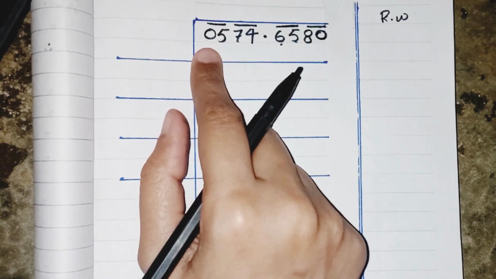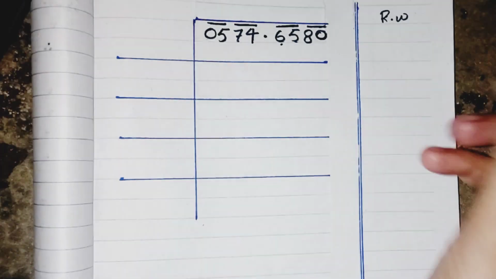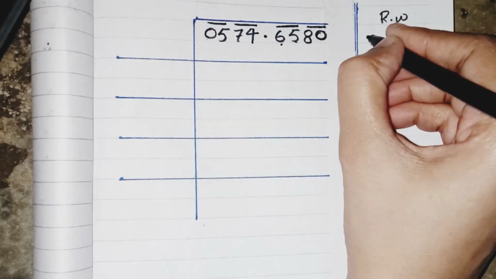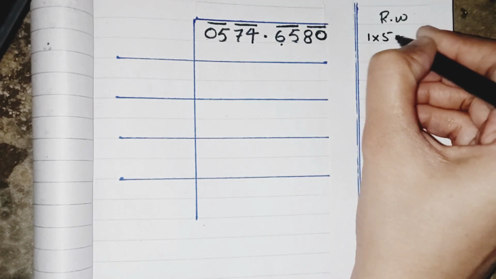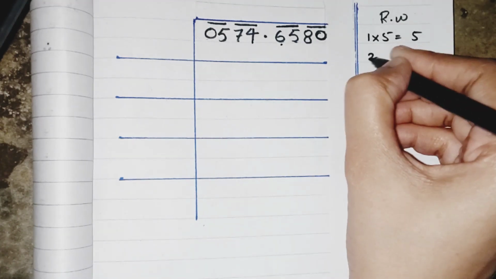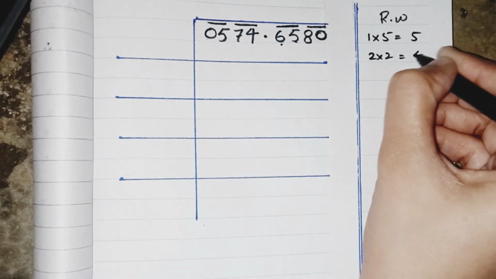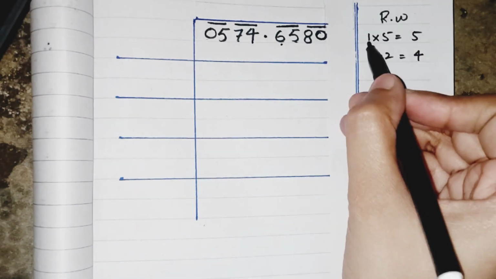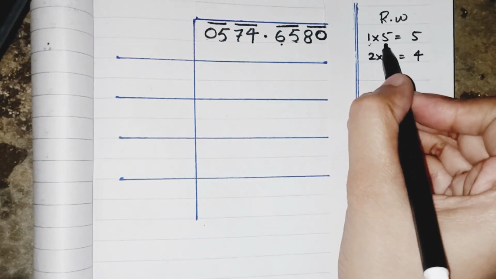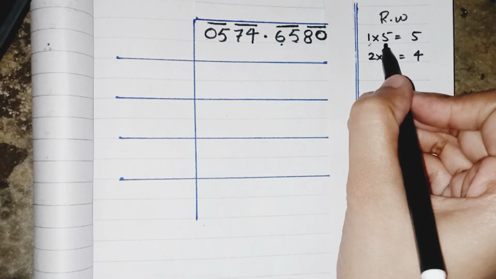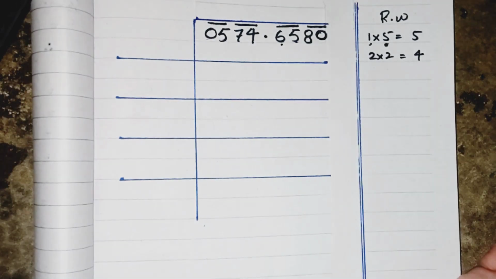Remember that we are finding the square root, so I am taking a number to solve this 5. If I take 1 and 5, it will result in 5. 2 and 2 will result in 4. So these are two different numbers. Whatever number I choose will remain the same, because we are finding the square root, so we have to take a number which is multiplied by itself.